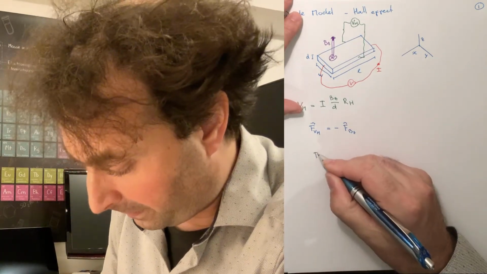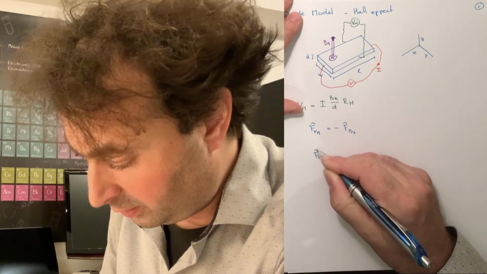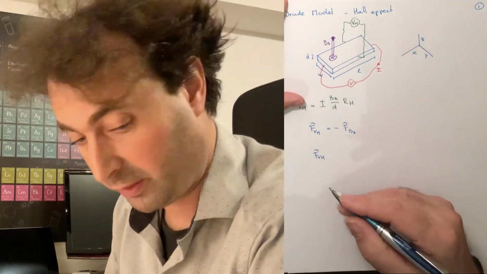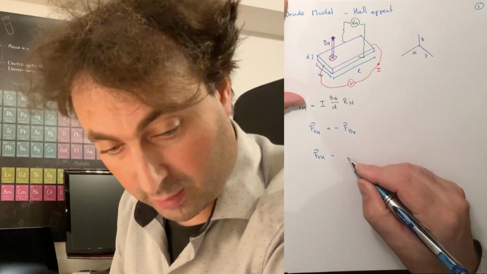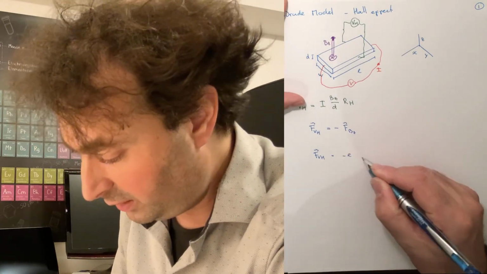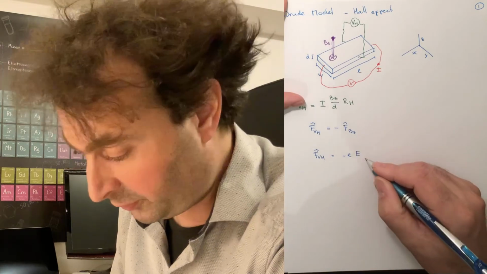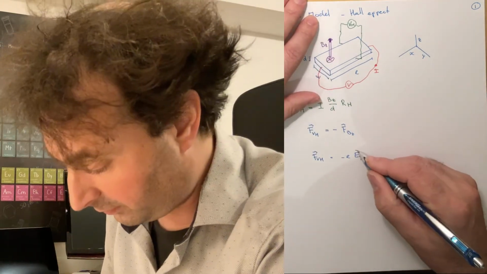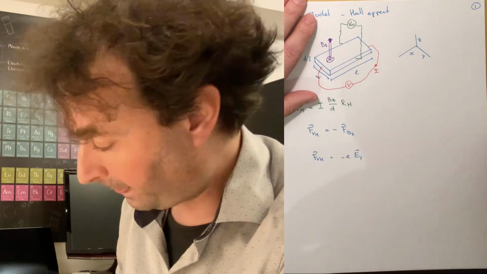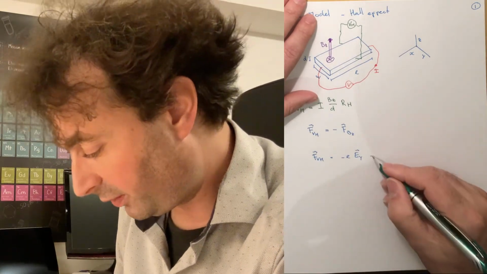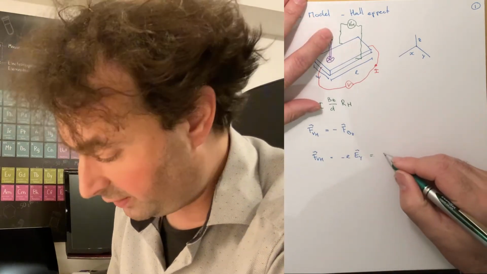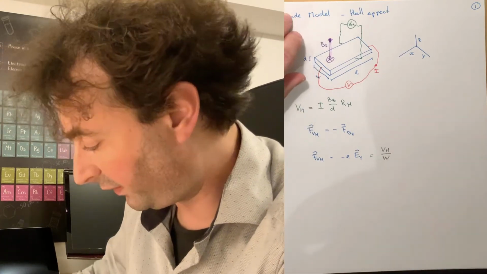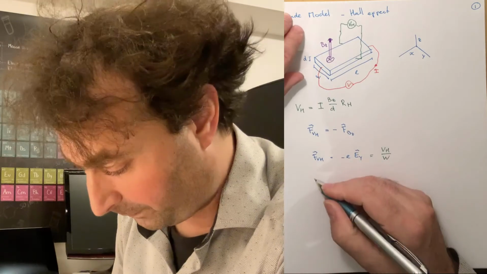The force that is related to the electrical field that we measure with the Hall voltage is just minus E times the electrical field in the y direction, which is given in our case by the Hall voltage divided by the width of our bar.